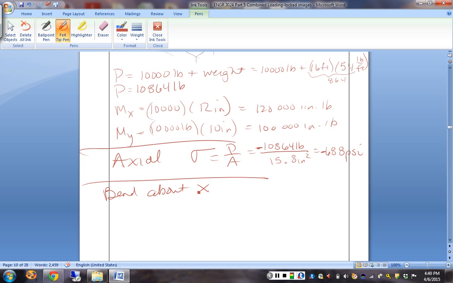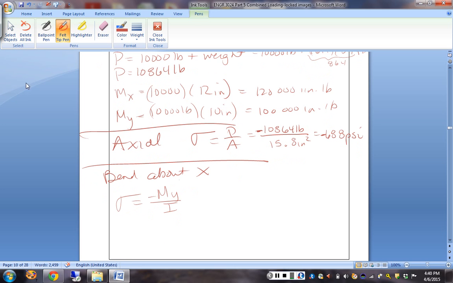How do we figure out our bending about X, Cassiola? Negative M I or negative M Y of... Do we know which way? It's a symmetric one. So I'm going to do the more general case.